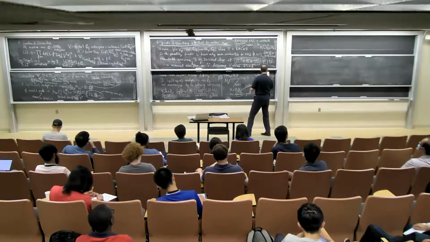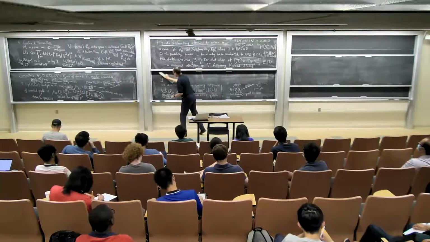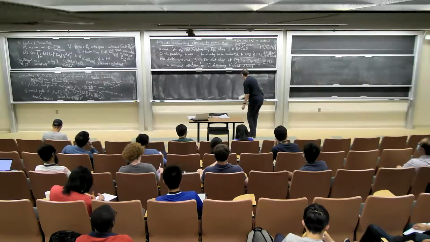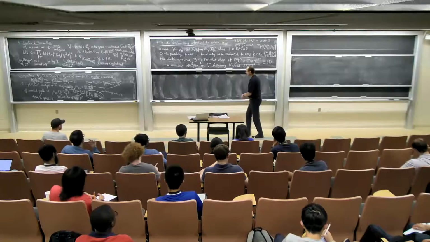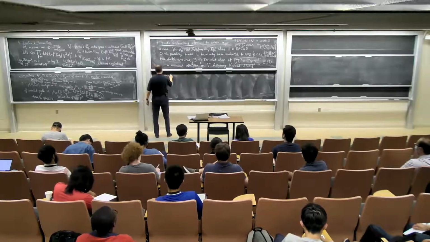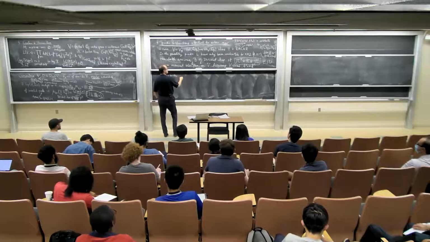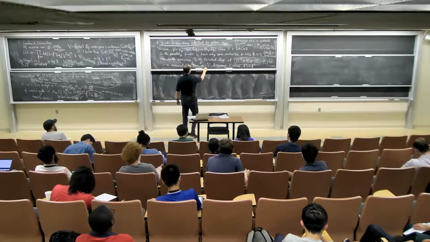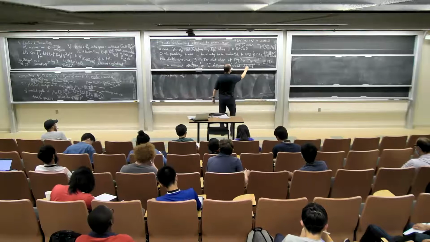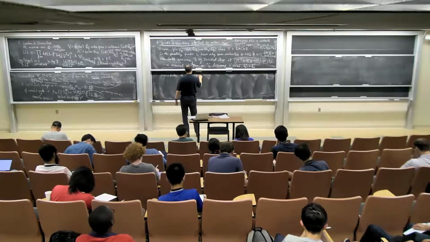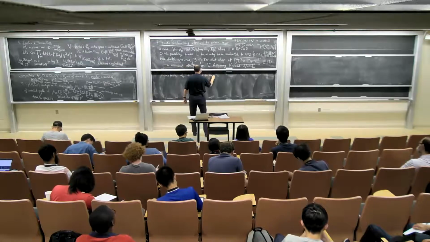So henceforth, we'll assume that the form B is symplectic.